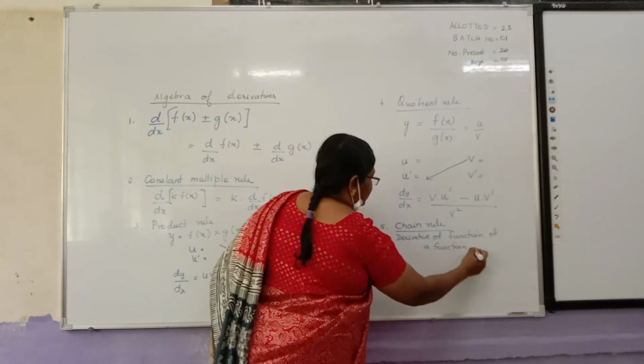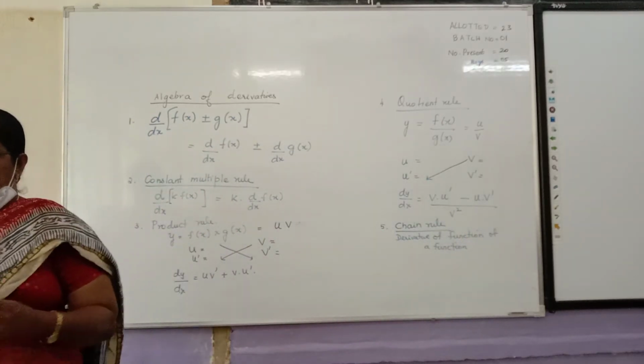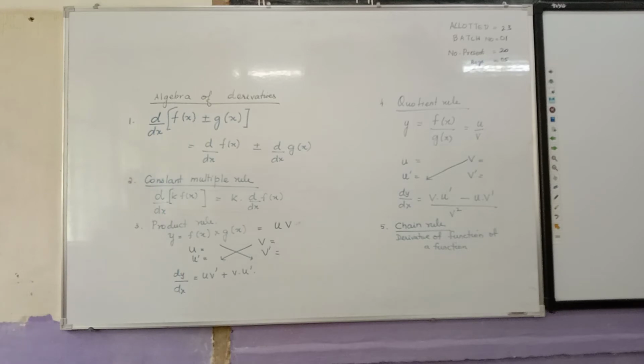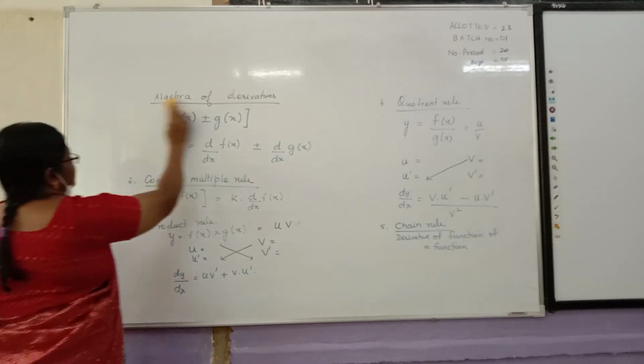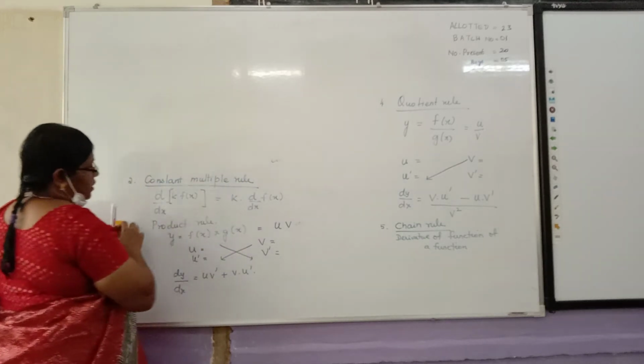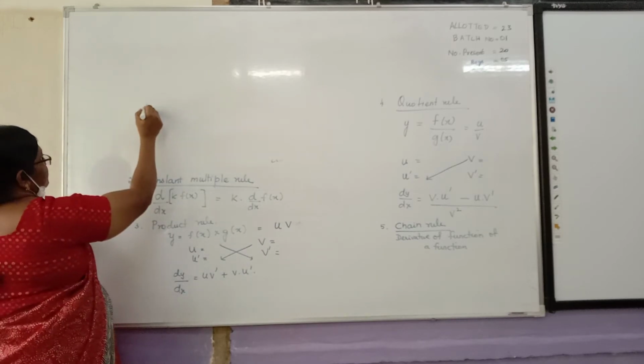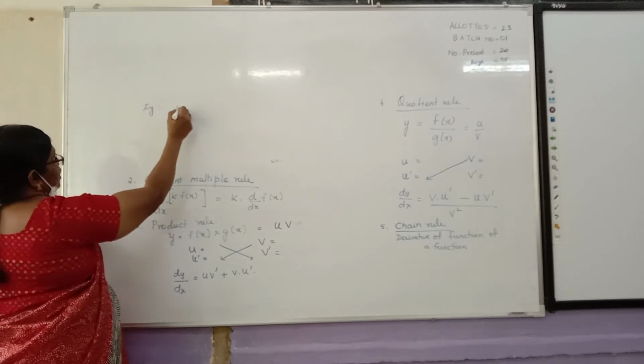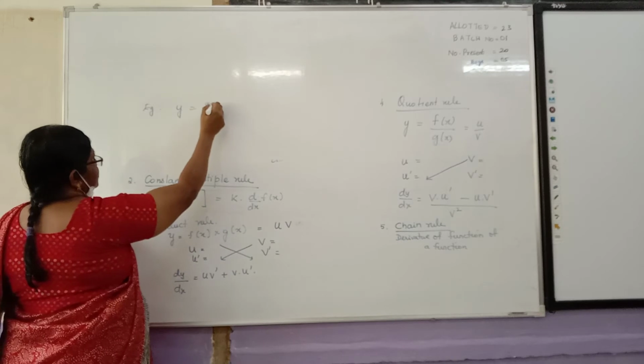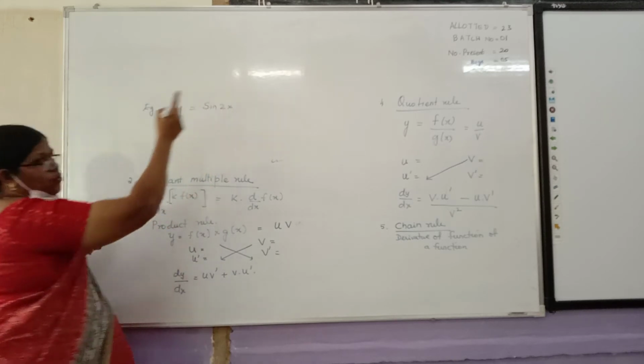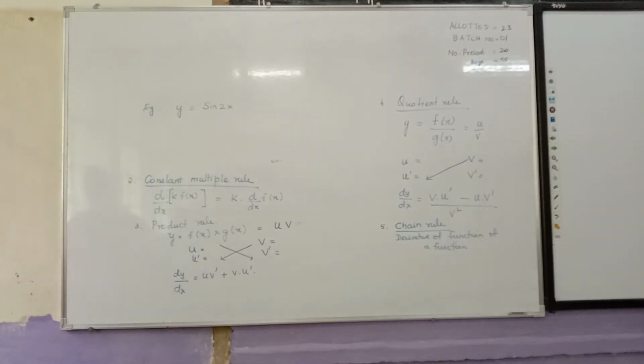We have learned it actually, but now we are giving a new name: function of function. Okay. For example, y equal to sine 2x. What two types of function do you observe here? Can you tell me? Sine is one function.